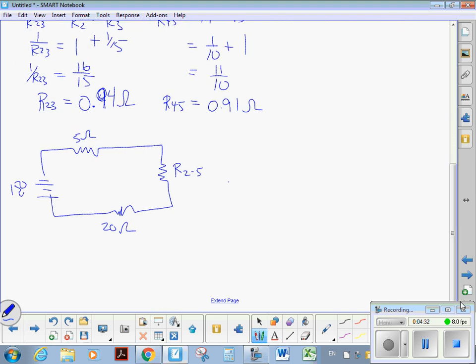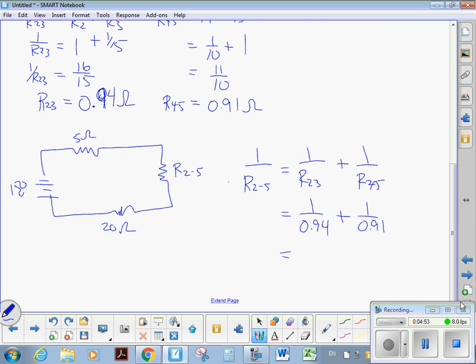That would mean that 1 over R25 would equal 1 over R23 plus 1 over R45. So 1 over 0.94 plus 1 over 0.91. And we do our division there.